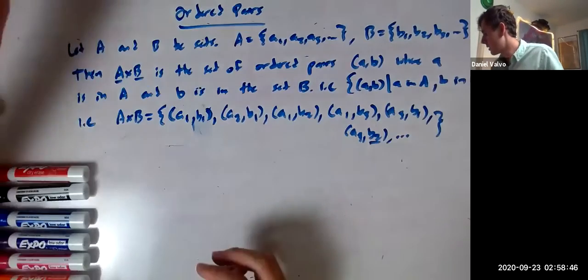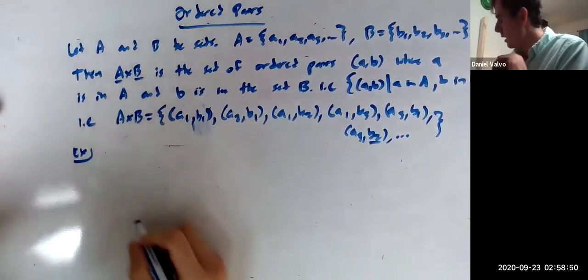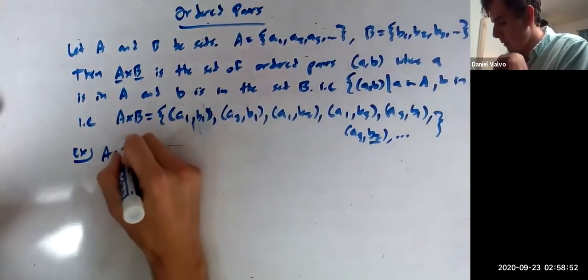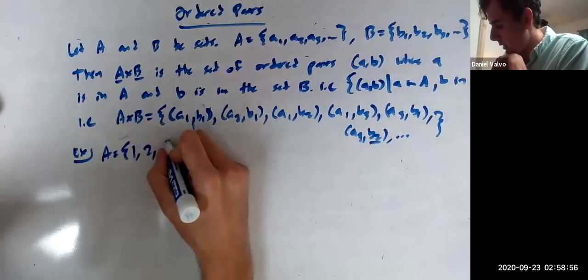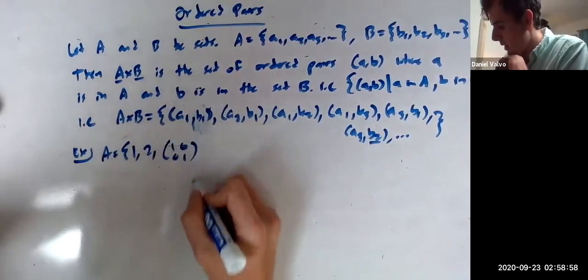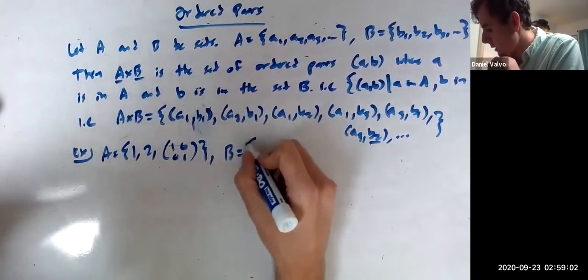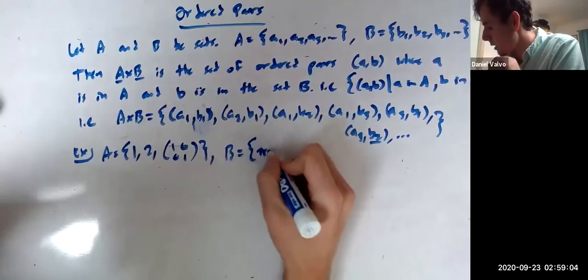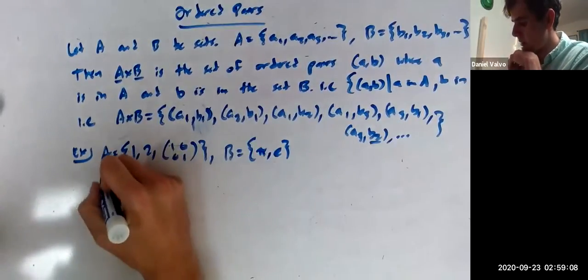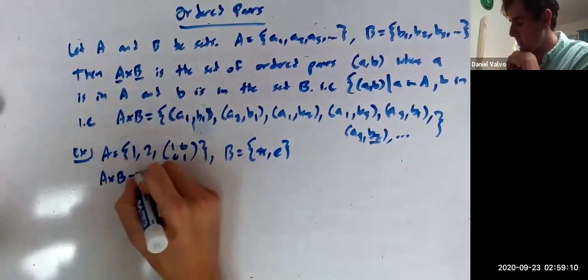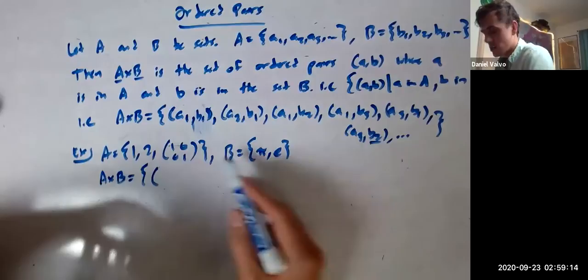So an example of this would be if A equals {1, 2, and the matrix [[1, 0], [0, 1]]}, and B equals {pi, e}, well then A cross B would be the set. It's going to have 6 elements because there's 3 in here and 2 in here.